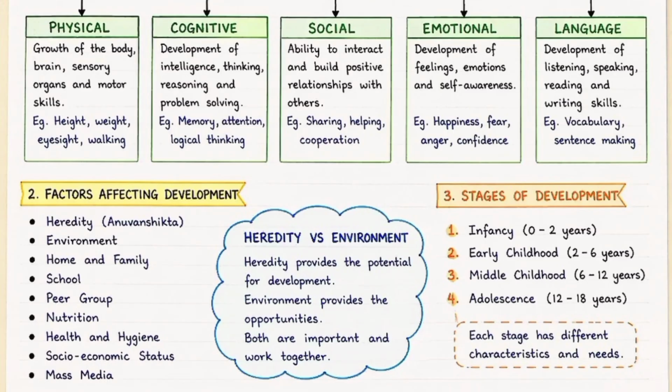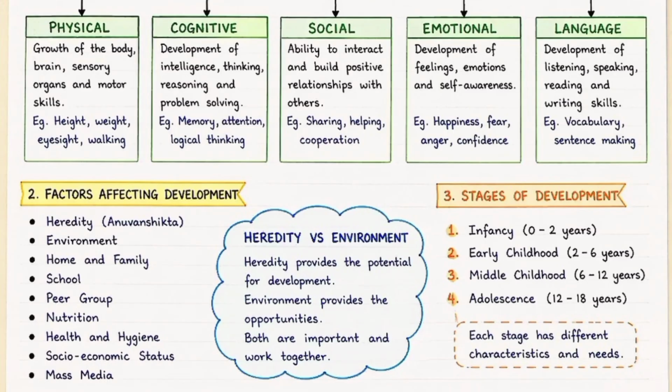Example, happiness, fear, anger, or confidence. And last, language. Development of listening, speaking, reading, and writing skills. Example, vocabulary, sentence making. These are all examples of language development. It's all related in child development.